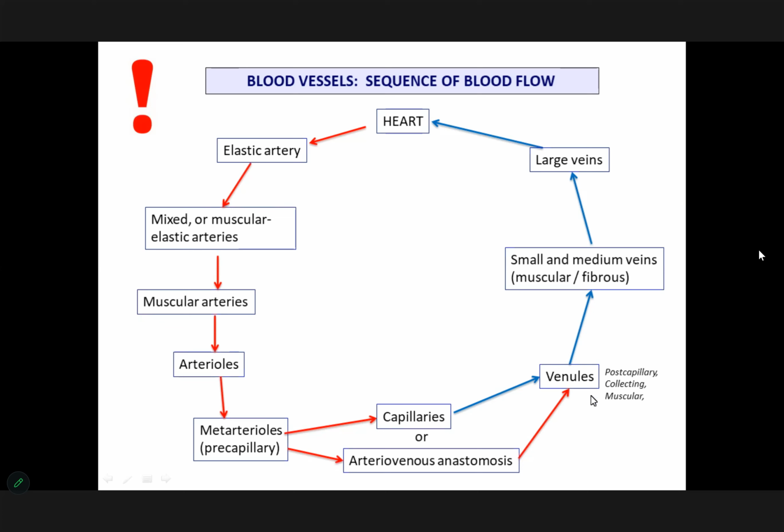Venules include postcapillary venules, the smallest of them, collecting ones, and muscular, the largest venules. Then small and medium veins, which can be either muscular or fibrous. Then into large veins, for example, vena cava or pulmonary veins, and into the heart. So you should know this by heart, the types of blood vessels in their sequence.